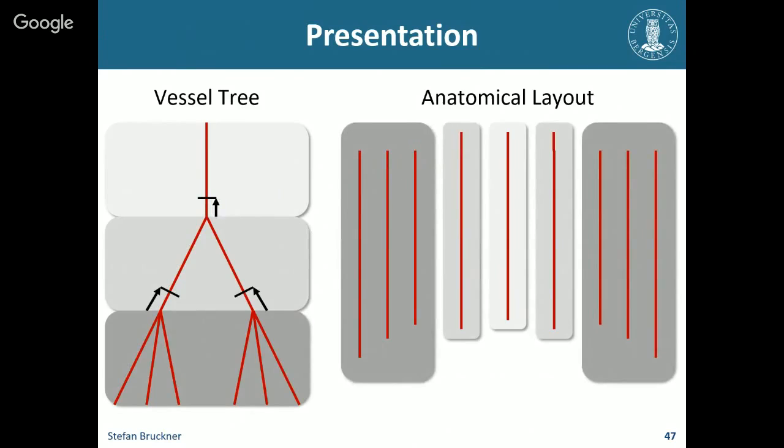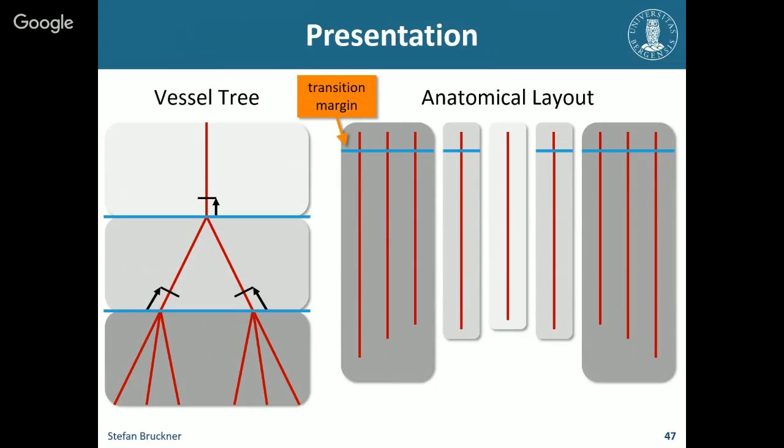When switching from one branch to the next, a certain region across the branching point is re-investigated just to make sure that nothing is missed. Then we can go along particular paths in this vessel tree until everything has been investigated.